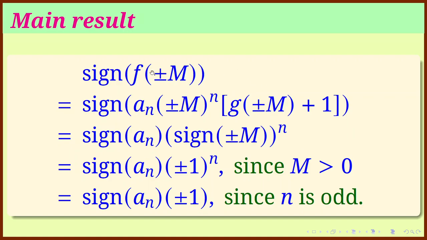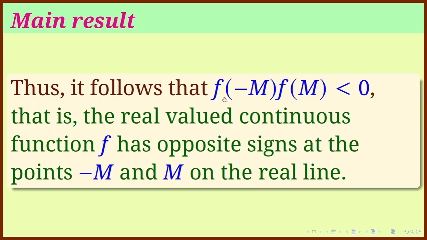So therefore the sign of f of m is equal to the sign of an, and the sign of f of minus m is equal to minus the sign of an. That means f of m and f of minus m have opposite signs. Thus it follows that f of minus m times f of m is less than 0. That is, the real valued continuous function f has opposite signs at the points minus m and plus m on the real line.